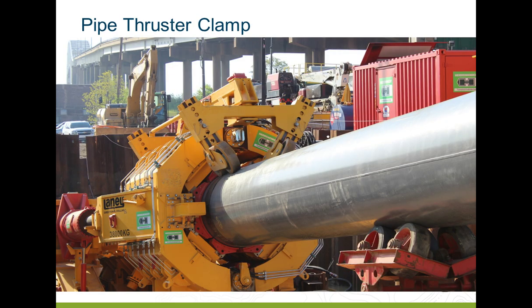But this is a 750 ton machine. If we look more closely at the pipe thruster clamp, and this is a project we did in Texas, we see the little rubber pads that are articulated and grip the pipe. That's what provides the gripping force that allows the large hydraulic cylinders to thrust the pipe into the ground.